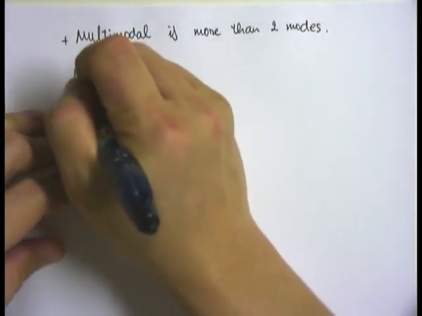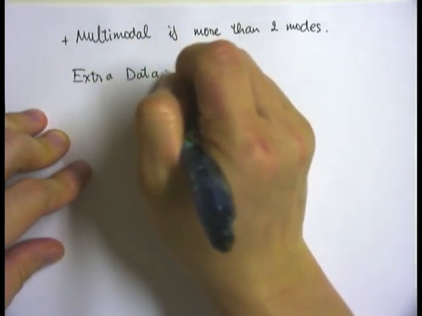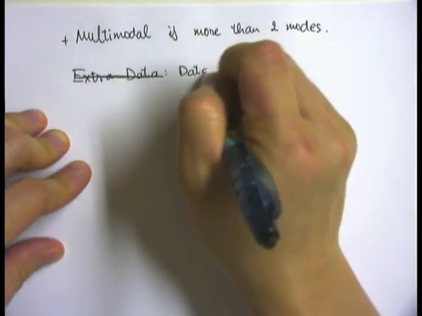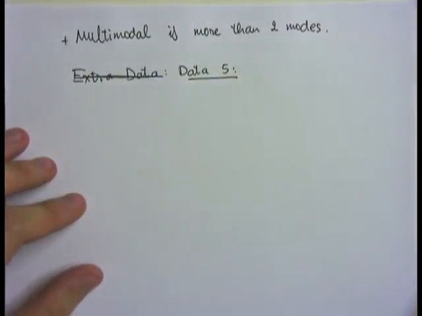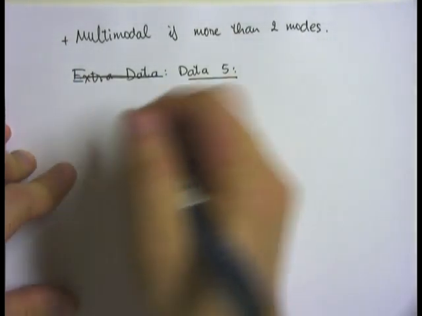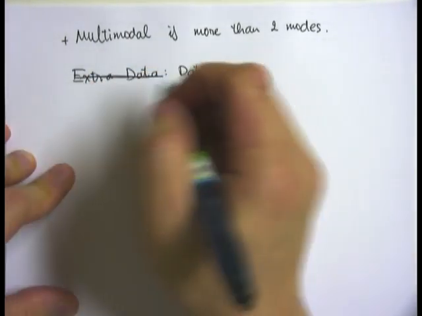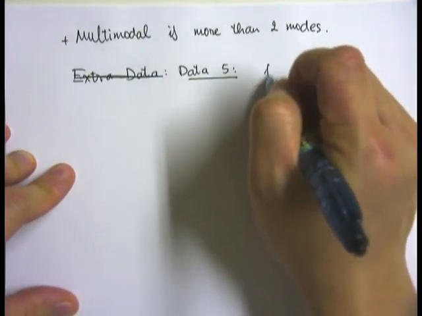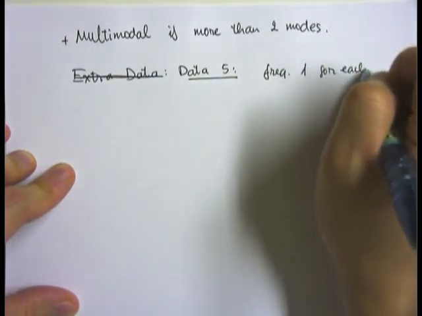And then there is even a special case like this. I don't even have to produce another extra data set here. If you look at data set 5, for example, you'll notice every single value has just one count. So data set 5 has frequency 1 for each value.